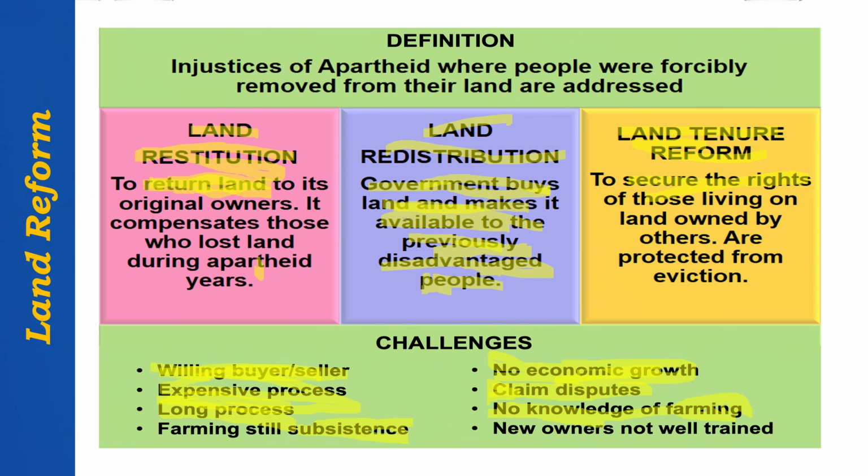Our new owners are not trained. There can also be disagreements between governments and traditional leaders in terms of restoring land to communities, because we know that in most rural areas, our traditional leaders also have a lot of influence in terms of land ownership.